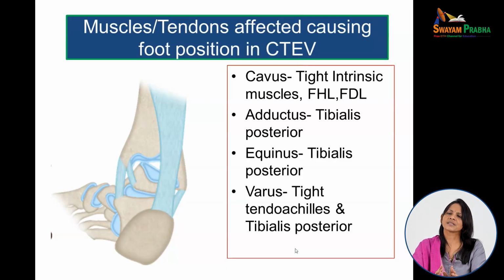Whatever the hypothesis, the resultant is that in the foot, the bones and the tendons and the ligaments are all affected. There is a tightening of the tendons and the ligaments that you see in the clubfoot. The tight intrinsic muscles of the foot, along with the flexor hallucis longus and flexor digitorum longus, are mainly responsible for the exaggerated arch, that is the cavus.